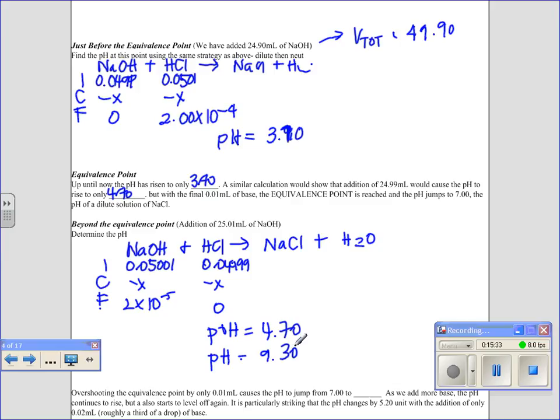When you're doing a titration, it doesn't necessarily mean that you're going to have an incorrect calculation if you've added half a drop in excess, okay? Because the amount of volume that causes the pH jump significantly is really, really small.